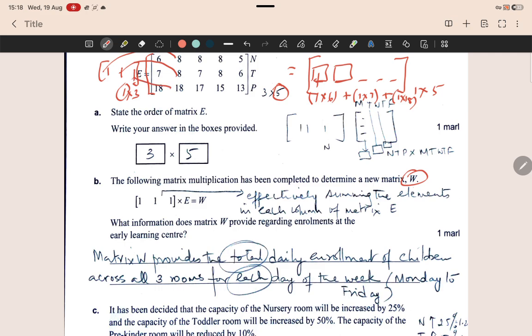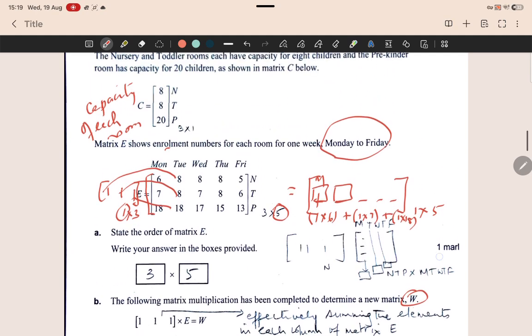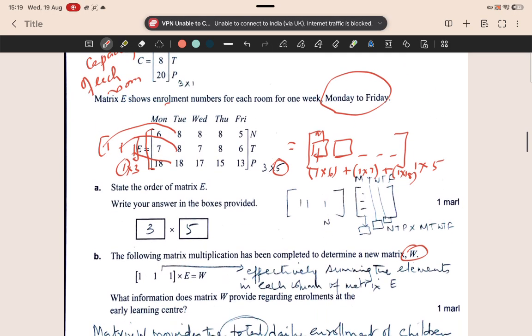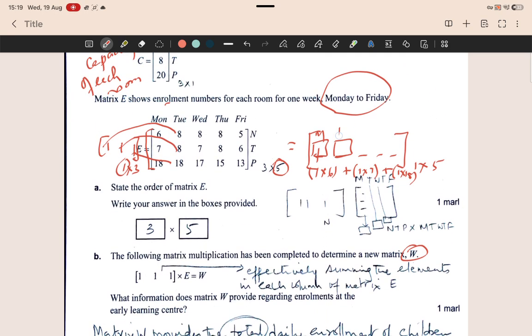Now, the number of answers you would get would be equal to the total number of nursery, toddler and pre-kinder students present on each of the weekdays. So that's Monday, Tuesday, Wednesday, Thursday, and Friday.